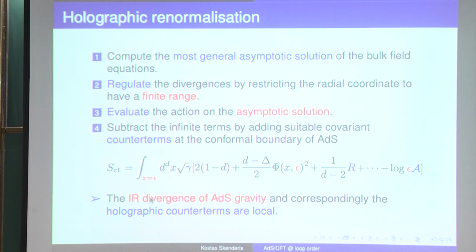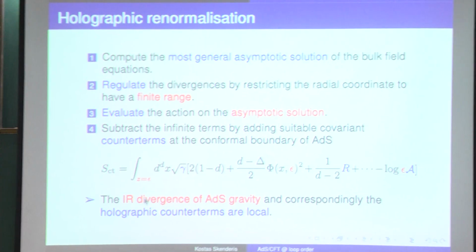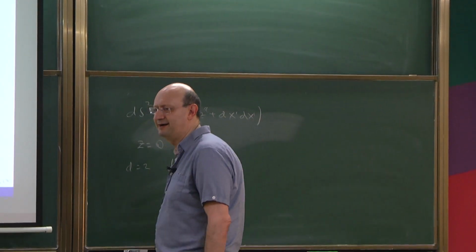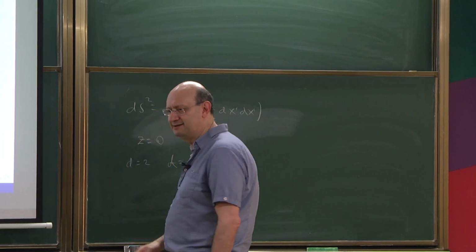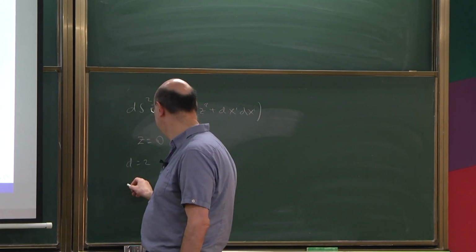That is present only in even dimensions. It is log epsilon, epsilon is a constant, and A is a local function of curvature. In 2 dimensions, D equals 2, A would be c over 12 times R. That's how you can derive the central charge of the dual CFT.